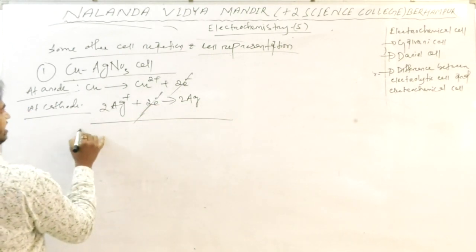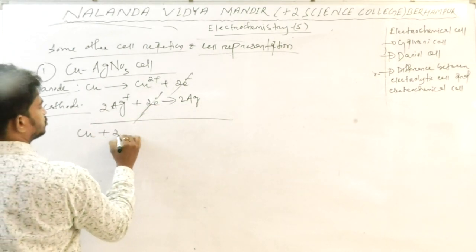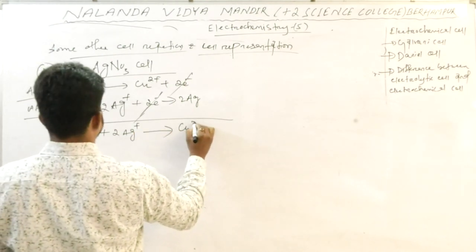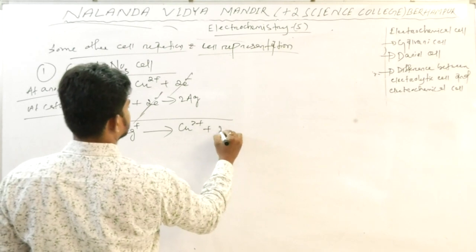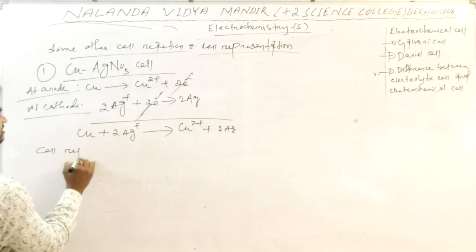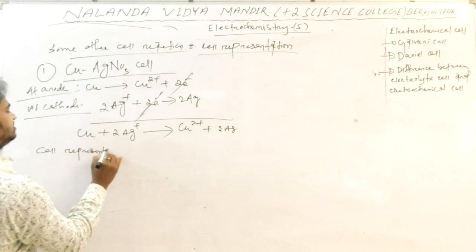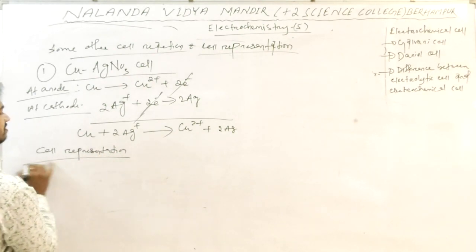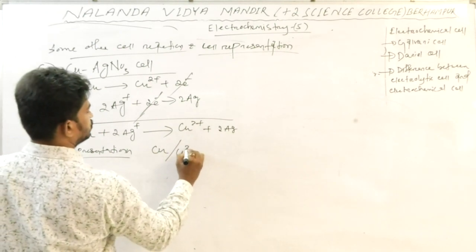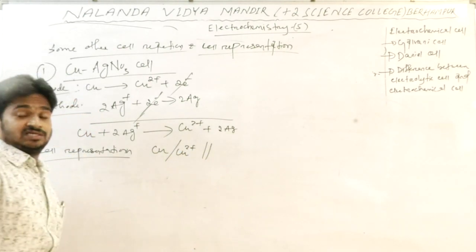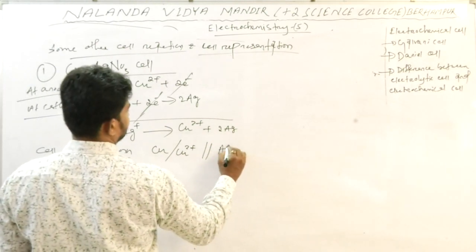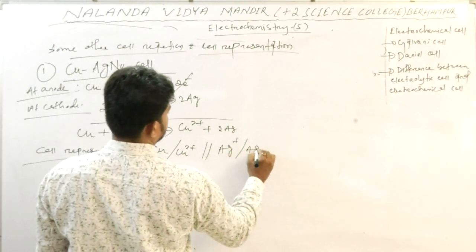It will be copper plus 2 silver plus giving rise to copper 2 plus and 2 silver. So the cell representation will be copper, copper 2 plus, salt bridge, then silver plus, silver.